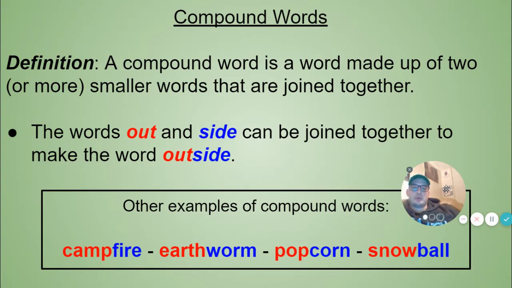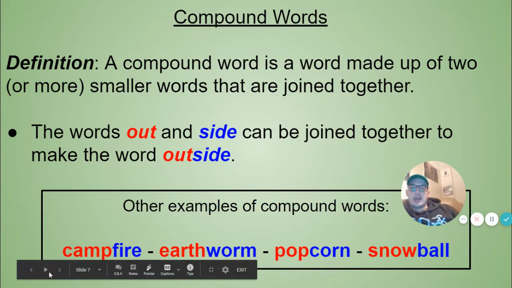For example, the words out and side can be joined together to make the word outside. Other examples: camp and fire make campfire, earth and worm makes earthworm, pop and corn makes popcorn, snow and ball makes snowball.